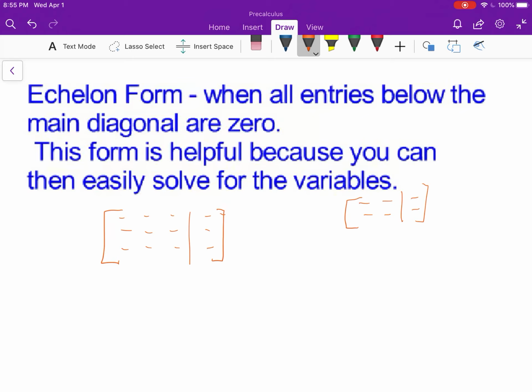But regardless, the echelon form is when all entries below the main diagonal, so there's the main diagonal in the 3x3, here's the main diagonal in the 2x2, all entries below the main diagonal are 0. So we want this, this, and this to be 0. If it were this, 2 equations with 2 variables, you really just need to get this one to be 0. And this is helpful because it's going to be easier to solve.